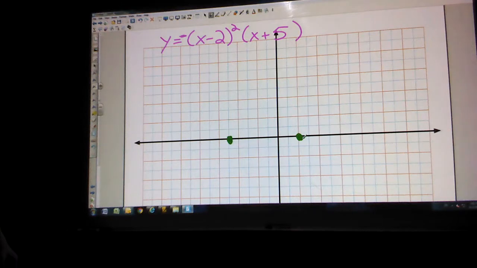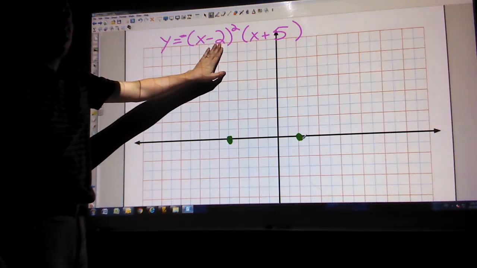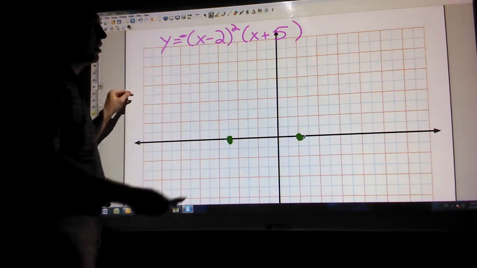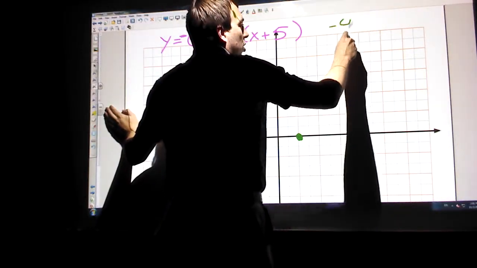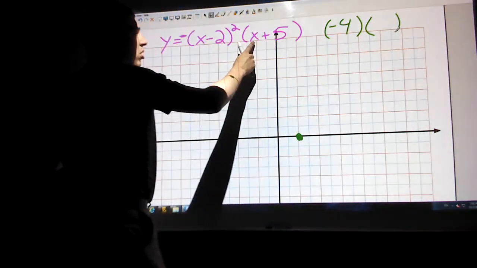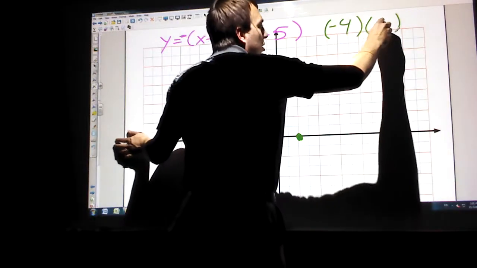Now Mr. Mack wants us to find the y-intercept. The y-intercept is when we plug in 0 for x. If I plug in 0 for x, I get 0 minus 2 is -2. -2 squared is 4. I have a negative on the outside, so I'm going to have -4 times, plug in 0 for a y-intercept. 0 plus 5 is 5.